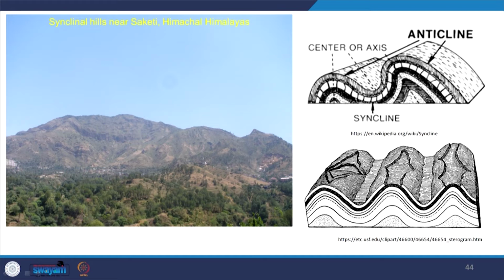But due to removal of material from the anticline, this becomes a valley, and the adjacent ridge becomes a valley, and the valley becomes a ridge. This type of topography is called mature topography.